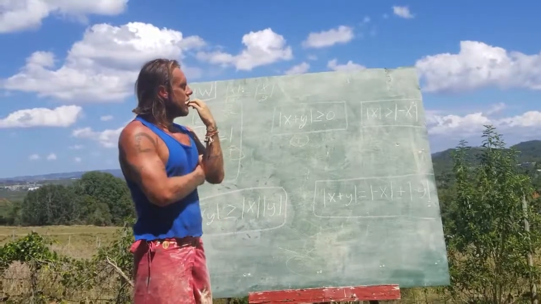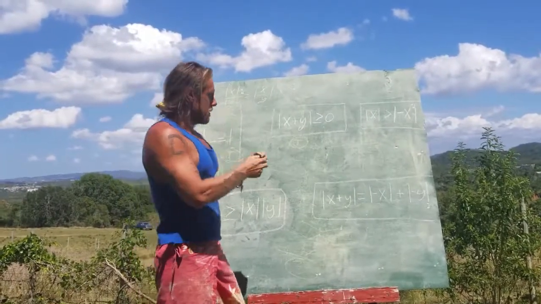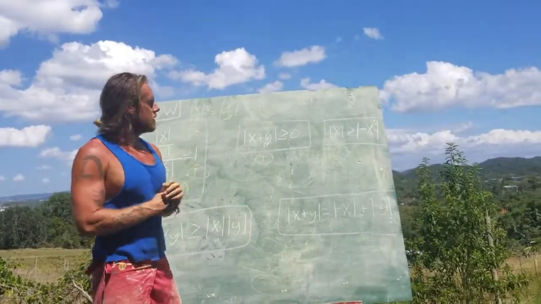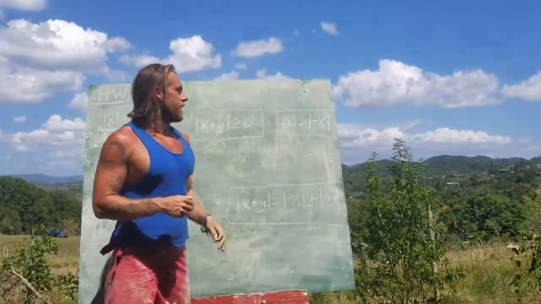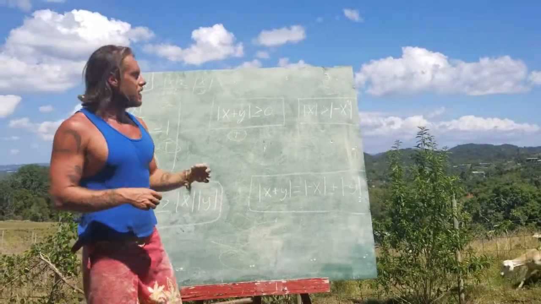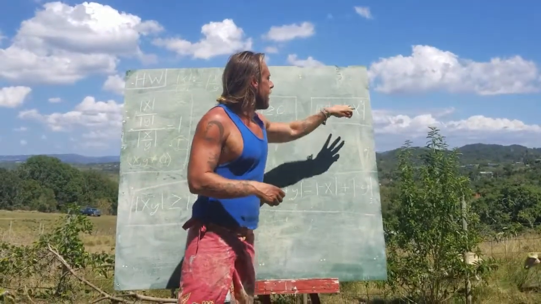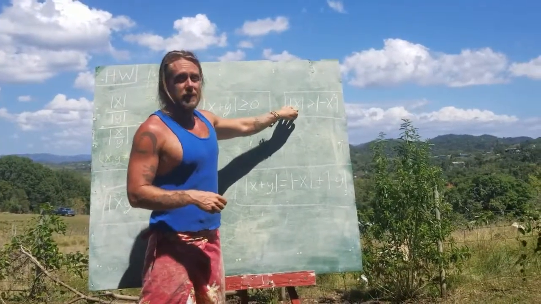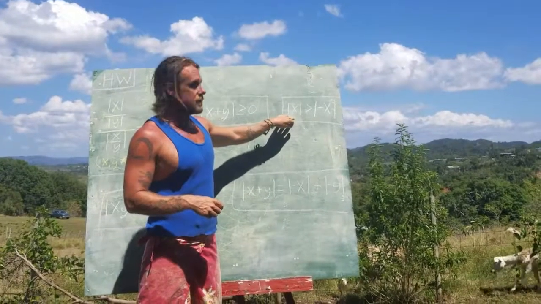How about this one? The absolute value of x is greater than the absolute value of negative x. Well, x is greater than negative x, so perhaps intuitively we would think that this looks like a true statement. But remember, the absolute value of x will be x, because x is greater than or equal to 0.